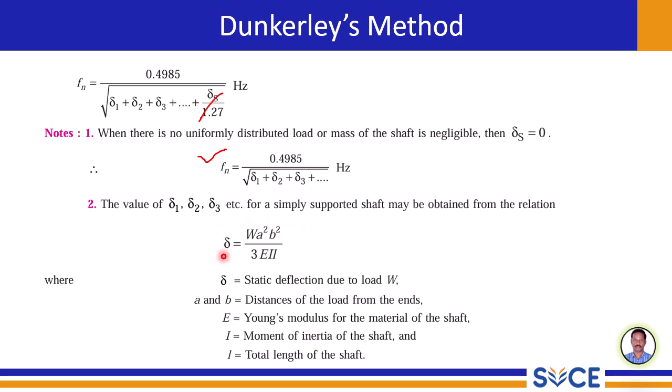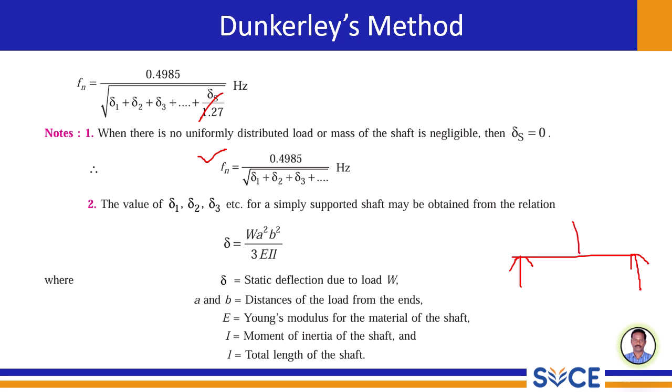This is the simply supported condition formula, that is del equals W A square B square divided by 3 E I L, in terms of Young's modulus, moment of inertia and total length of the shaft, where A and B are represented like this.